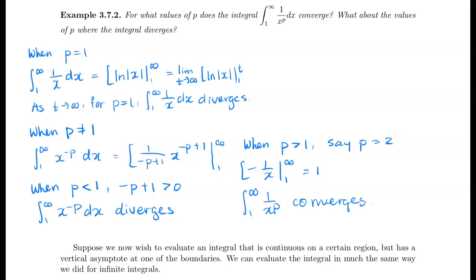So the cases are: when p is between 0 and 1, or negative infinity to 1, and I could also put 1 inclusive, we say that the integral from 1 to infinity of 1 over x to the p dx diverges.